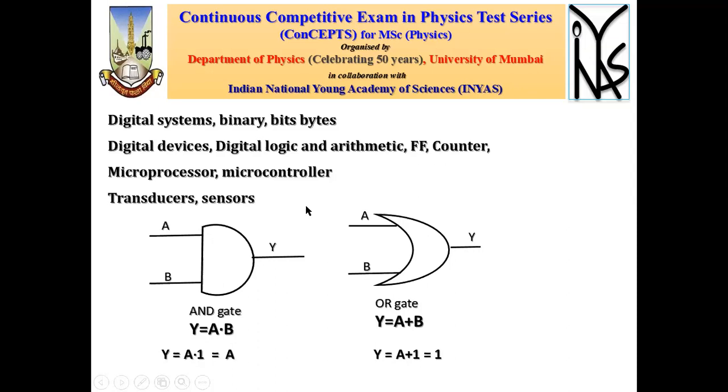And to sense a physical parameter, when you have active devices, they can sense the physical parameters, and in return they can give you some current, voltage, or change in resistance. Like if you use a quartz crystal as a pressure sensor, if you apply pressure, it will generate voltage.